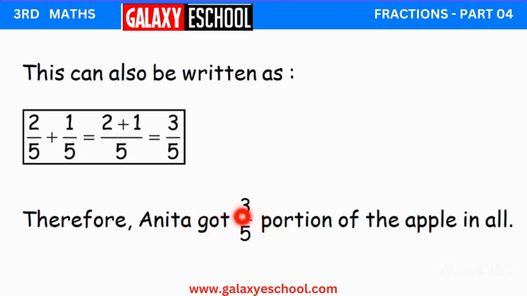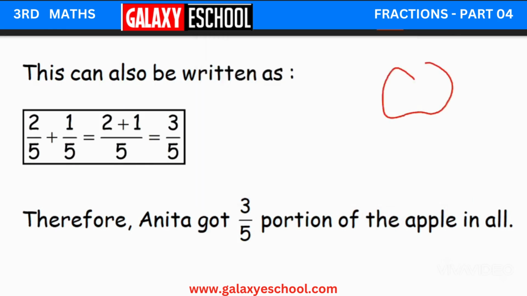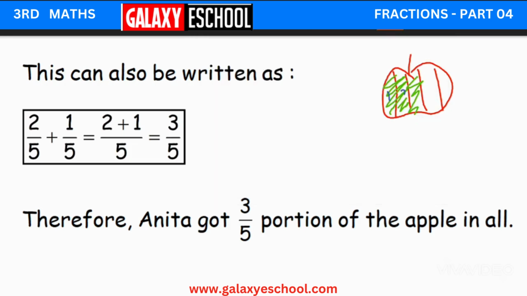Therefore, Anita got 3 by 5 portion of the apple in all. See, this is our apple and it was divided into 1, 2, 3, 4 and 5 parts. Anita got 2 from her sister and 1 from her brother. Now from this you can directly say how many parts she has. 1, 2, 3, 3 parts divided by how many parts are there in the whole? 5.